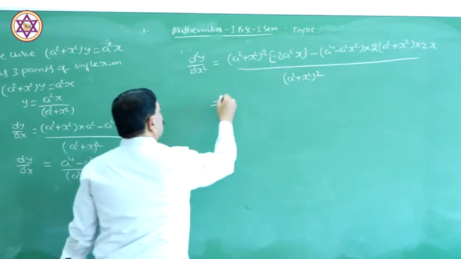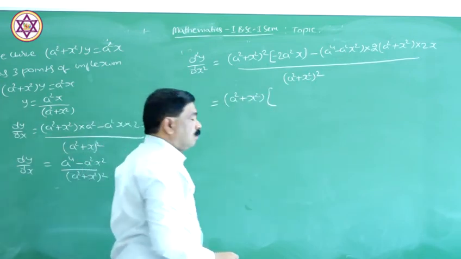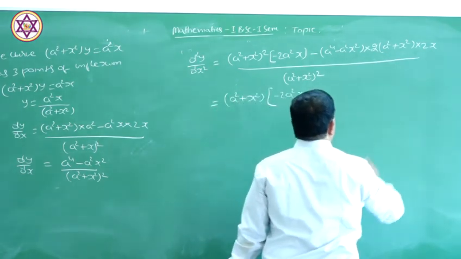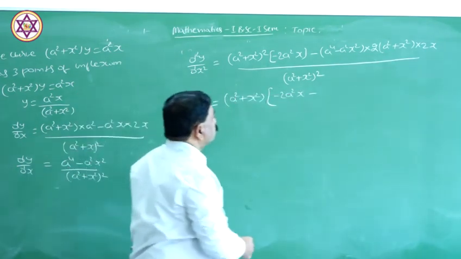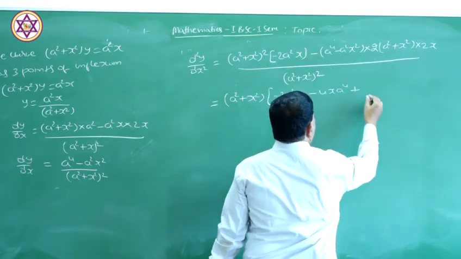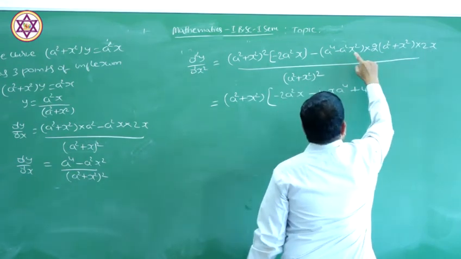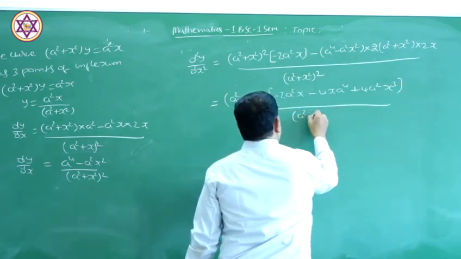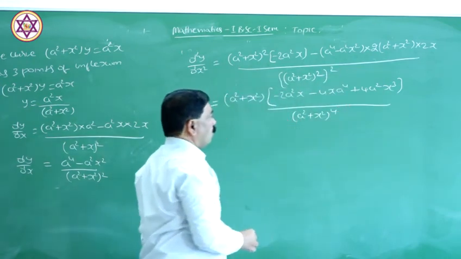Here from these two terms I am taking (a² + x²) as common. So the remaining terms are 2a²x. Next, here 2 into 2, 4x. 4x into a⁴ minus into minus plus 4a²x into x², x³, divided by (a² + x²)², and this whole squared means whole to the power of 4.